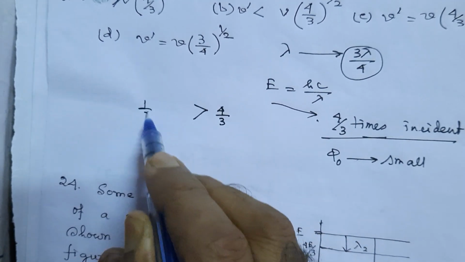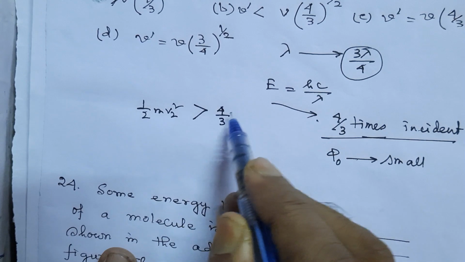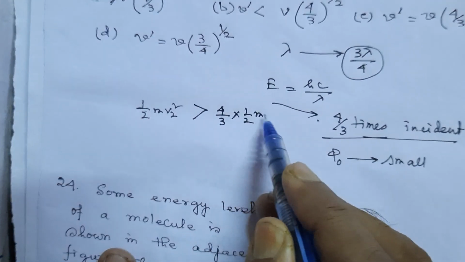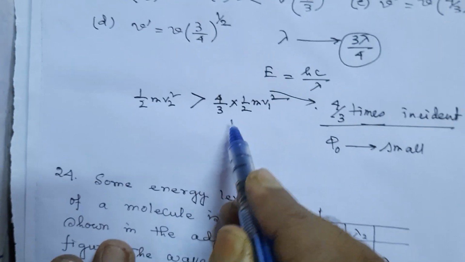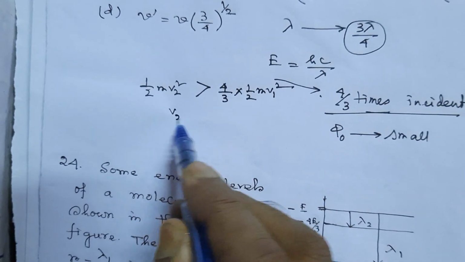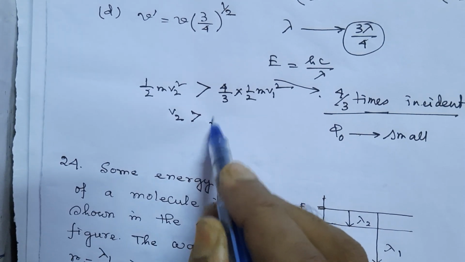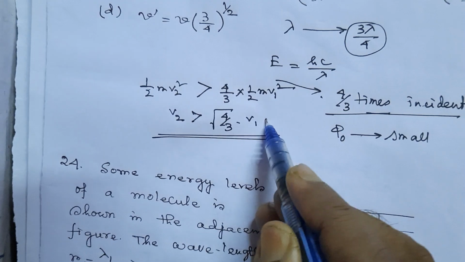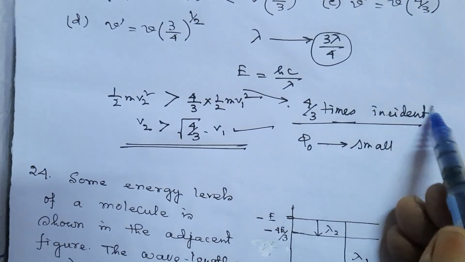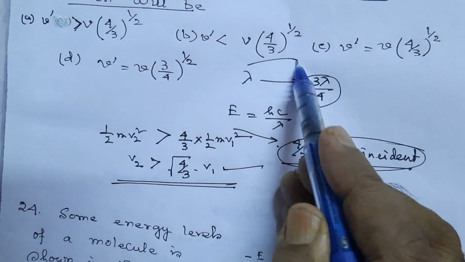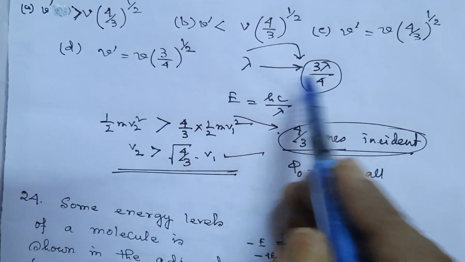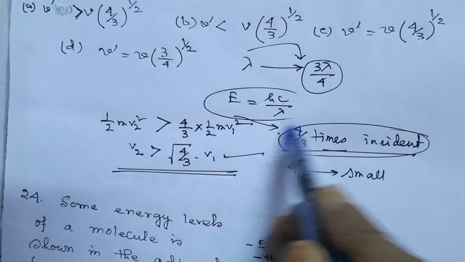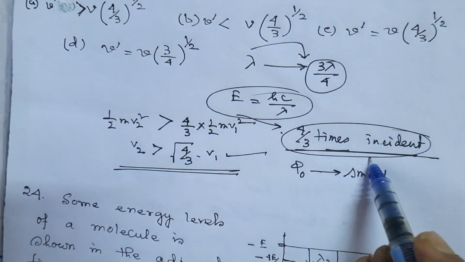So half mv2 square should be greater than 4/3 times the kinetic energy of the first case, half mv1 square. So v2 is greater than root over 4 by 3 into v1. It is clear from the fact that as the wavelength decreases to 3/4 of the initial one, the energy of the incident photon increases 4 by 3 times.